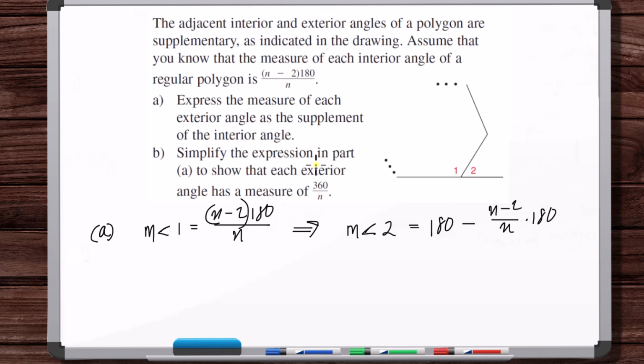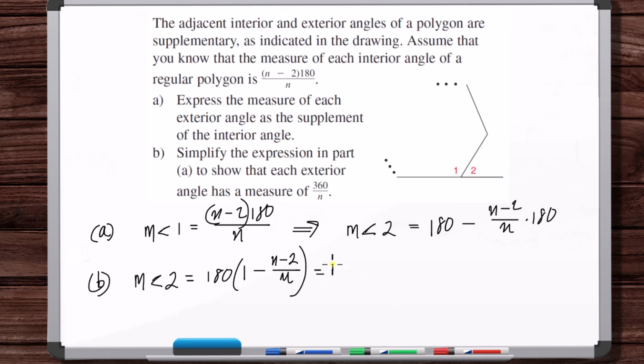Now simplify the expression in part A to show that each exterior angle has a measure of 360 divided by n. For the measure of angle 2, we can factor out a 180 and get 1 minus (n minus 2) over n. This is the measure of any exterior angle. They're all the same.